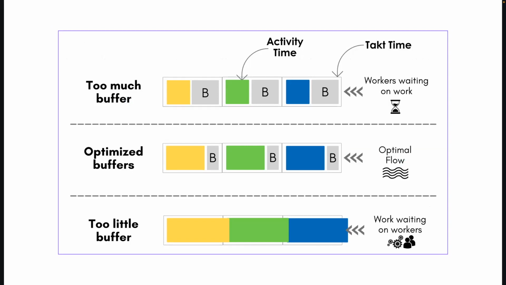Workers with nothing to do. You don't want too little buffer where you have work waiting on workers, where you're really over capacity and you don't have the time to accomplish your work. You really want optimized buffers where you have just the amount of buffer inside the wagons so that you can finish your work, do your training, clean the area right, and have optimal flow without too much dependency.